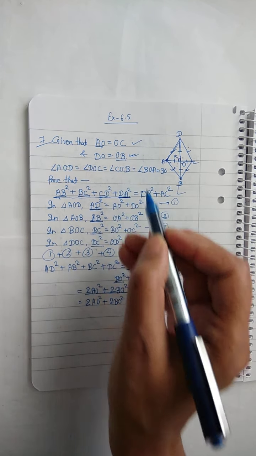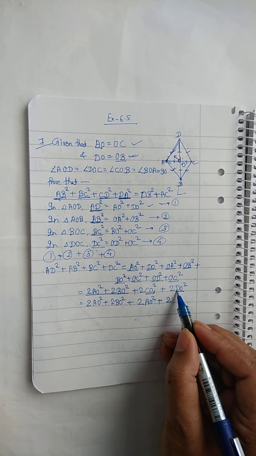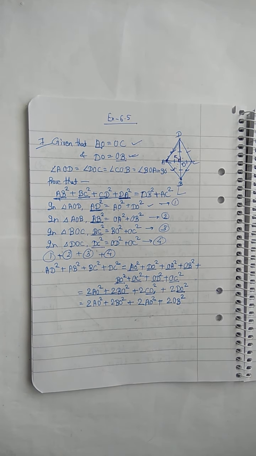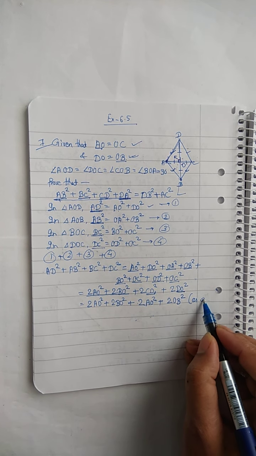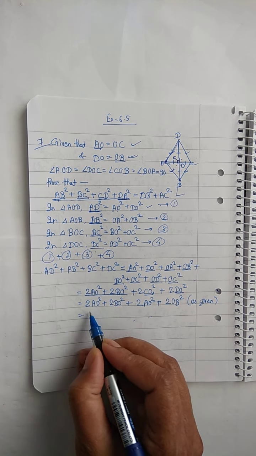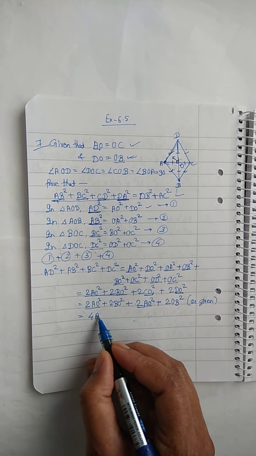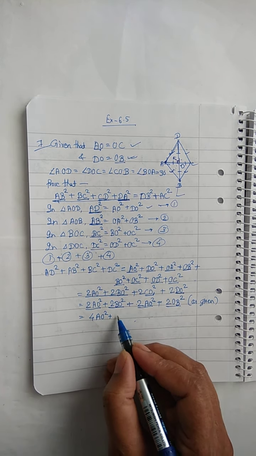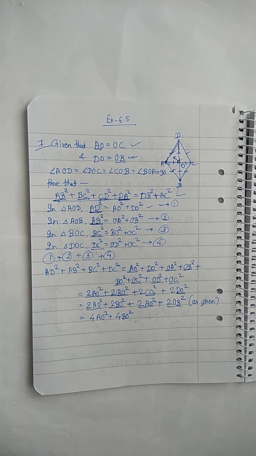Yes, because it's given as per the rhombus property. So twice of OB square instead of DO square, correct? Now 2AO square plus 2AO square means 4AO square, and 2BO square plus 2BO square means 4BO square, correct?